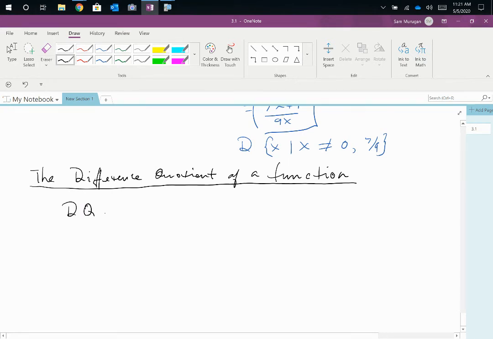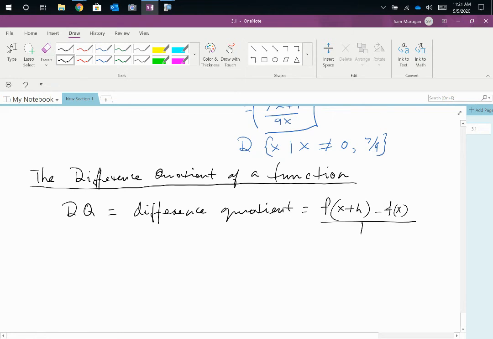Difference quotient, DQ, is given by the formula f(x plus h) minus f of x over h, where h cannot equal 0.